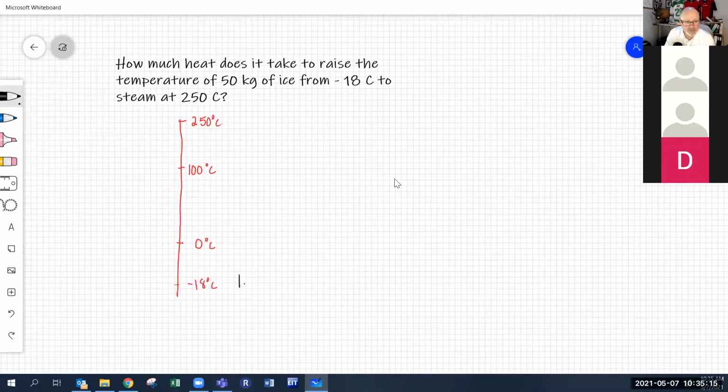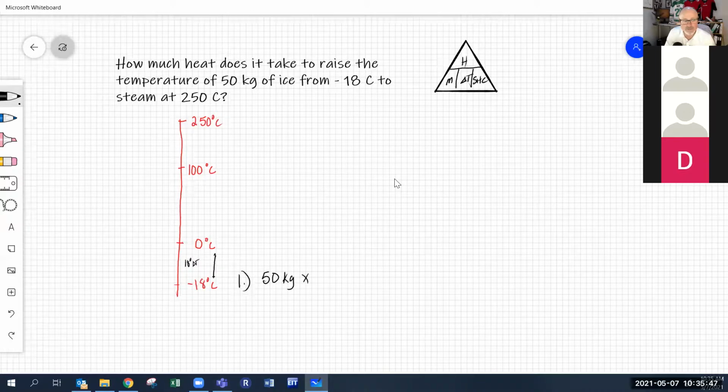So the first thing I got to do is I got to raise the temperature of this ice to the melting point. So there is an 18-degree delta T here. So sensible heat would say the heat is equal to the mass times the delta T times that specific heat capacity. So we're going to take our mass, 50 kilograms.